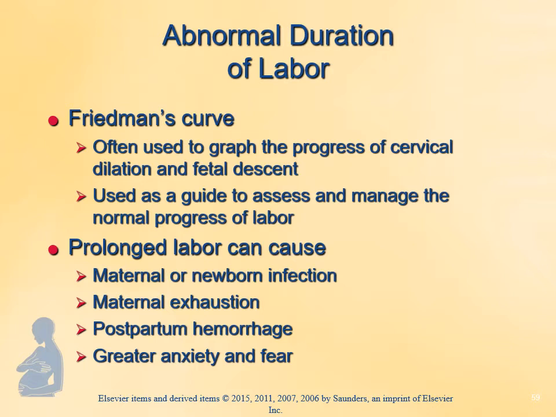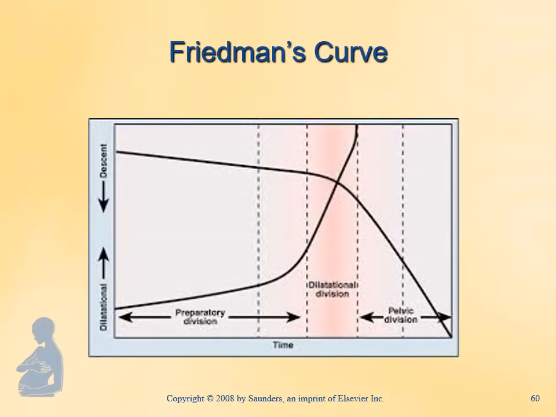When we start to be concerned that maybe our patient's labor is dysfunctional or abnormal, we use this graph here to map out how labor's been progressing, and we can see what the normal should be and then where she falls on her labor progress.